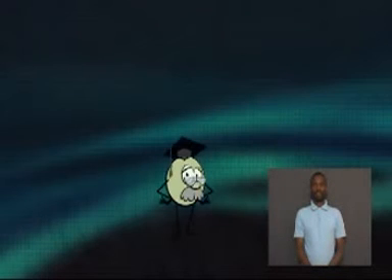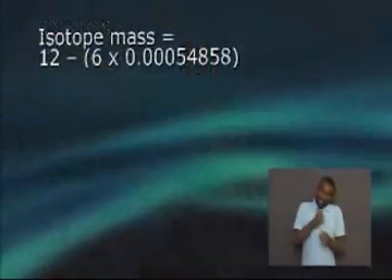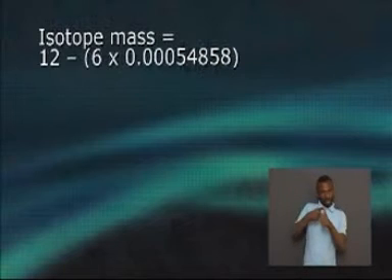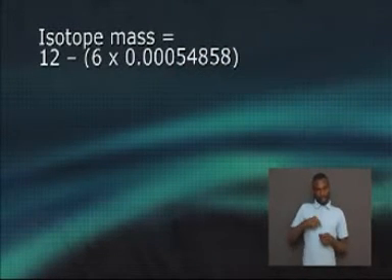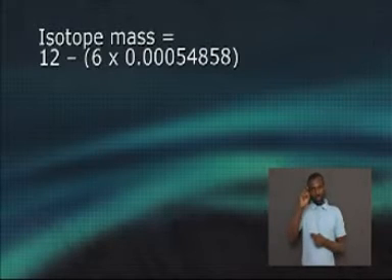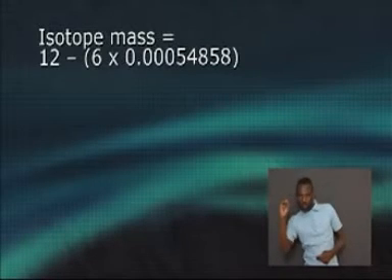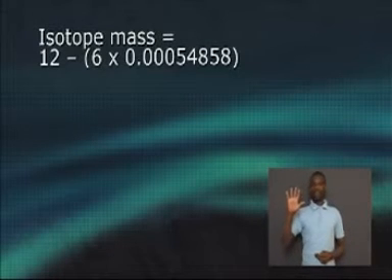Time's up. Let's get back to our lesson. Welcome back, students. How did you do? First, to calculate the electron mass, we multiply 6 times 0.000548558.